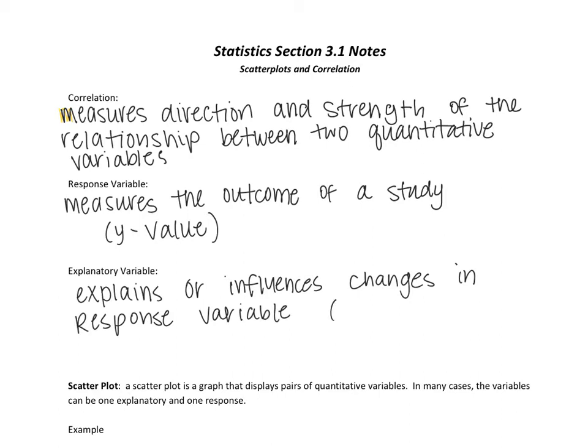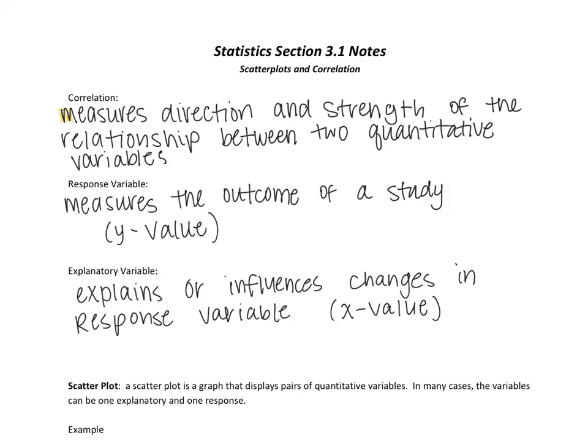So you can think of this as the x value. So if we're relating back to linear equations, the explanatory value is our input, it's our x value, that gives us the response variable, which is the outcome or the output, the y value.